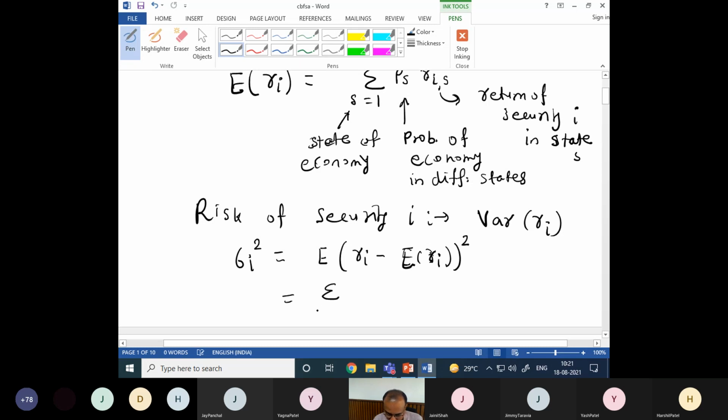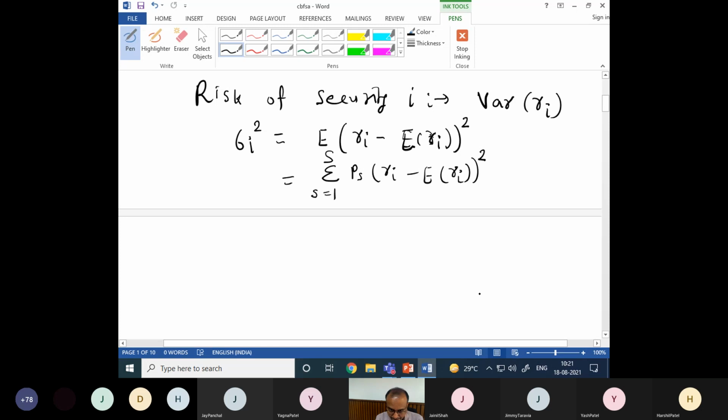That is given by the formula sum over s equal to 1 to capital S of Ps times Ris minus E of Ri, square. Okay, that is the risk.